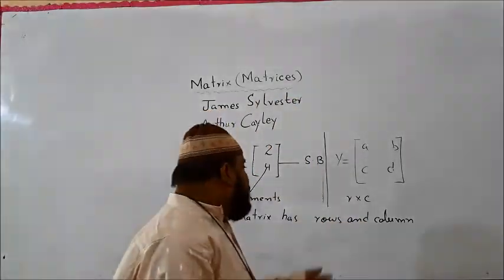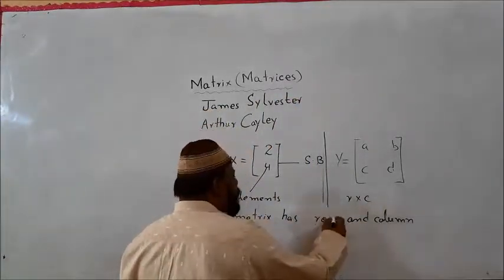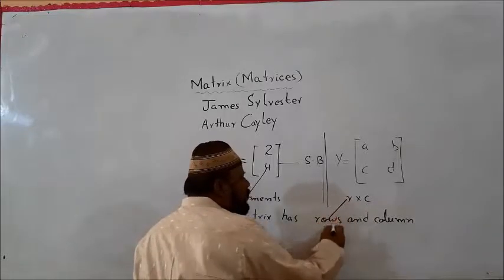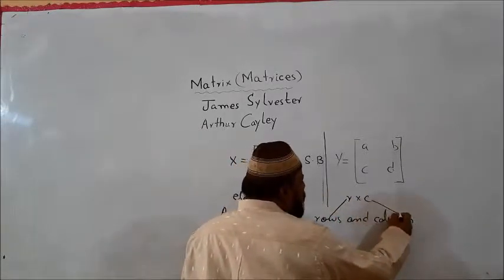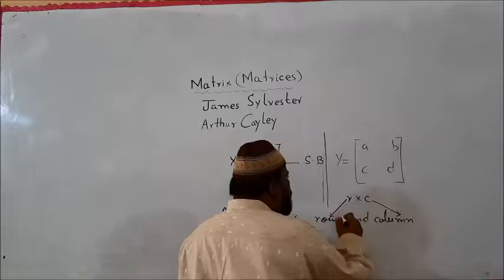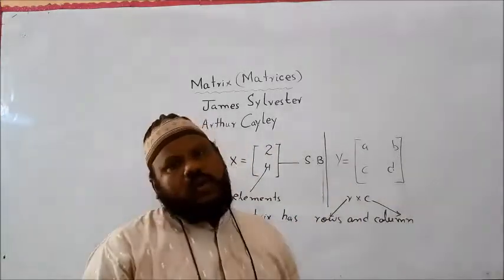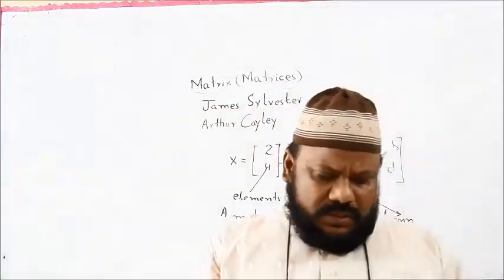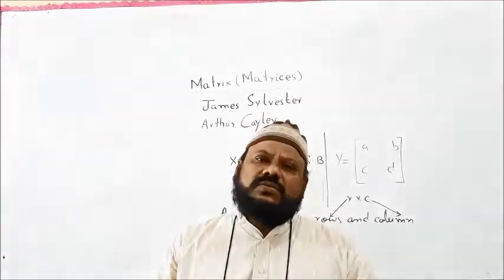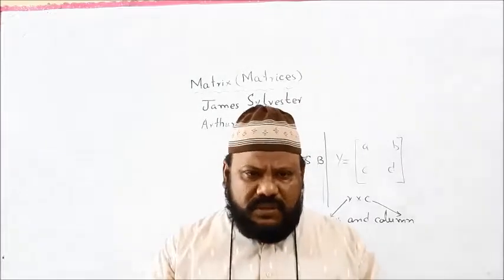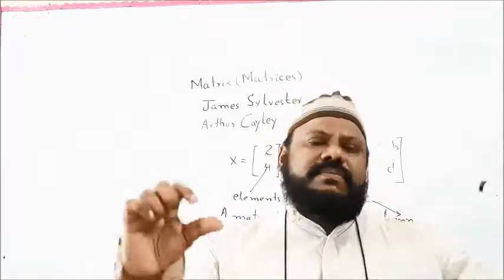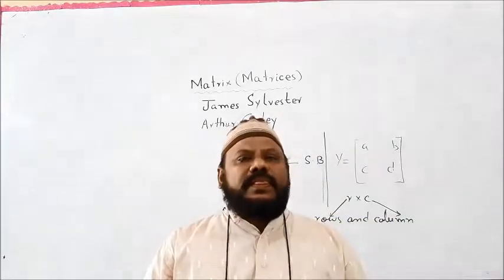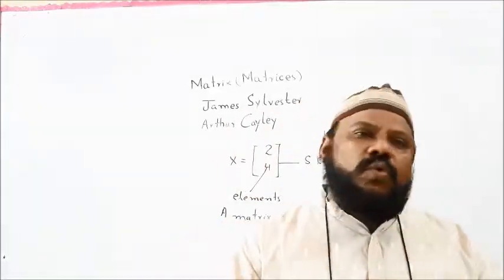For example, what is the R? You know, R means rows and C means columns. Row and column. Mostly we use a copy. A horizontal line, we say it is a row.